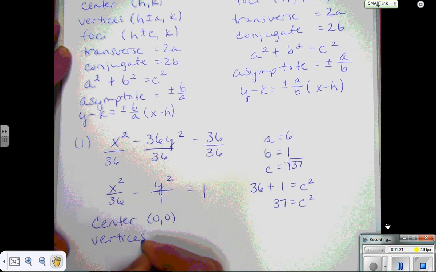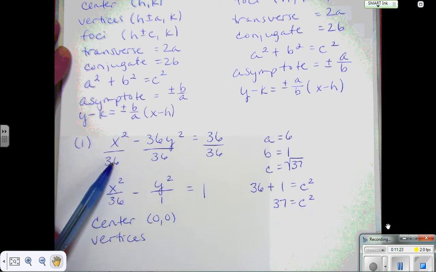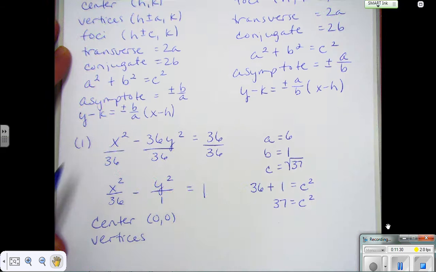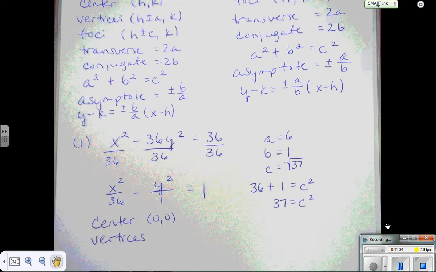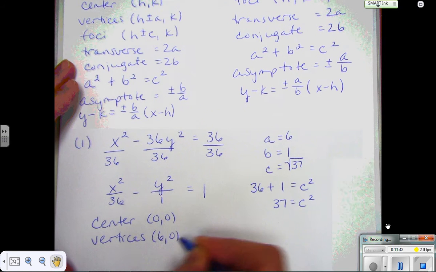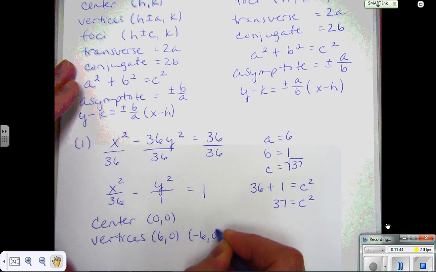And the vertices, now since my positive value is x, that means it's going to be horizontal. So if it's a horizontal hyperbola, my x is going to change for the vertices. So that's going to give me 6, 0 for one vertex and negative 6, 0 for the other vertex.